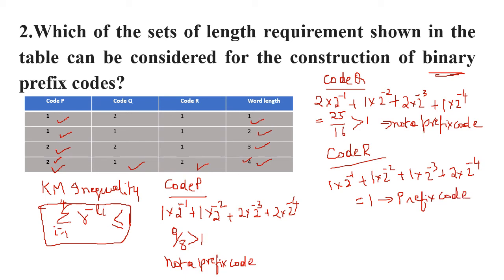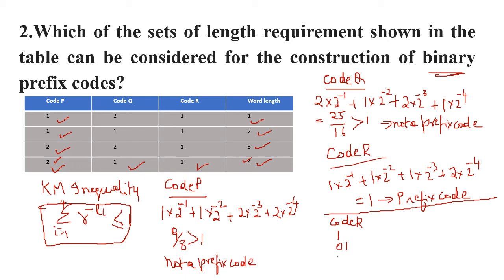Next, how to construct the prefix code for this code R. You have a code word of length 1, so we can write it as 1. You have one code word of length 2, so 01.